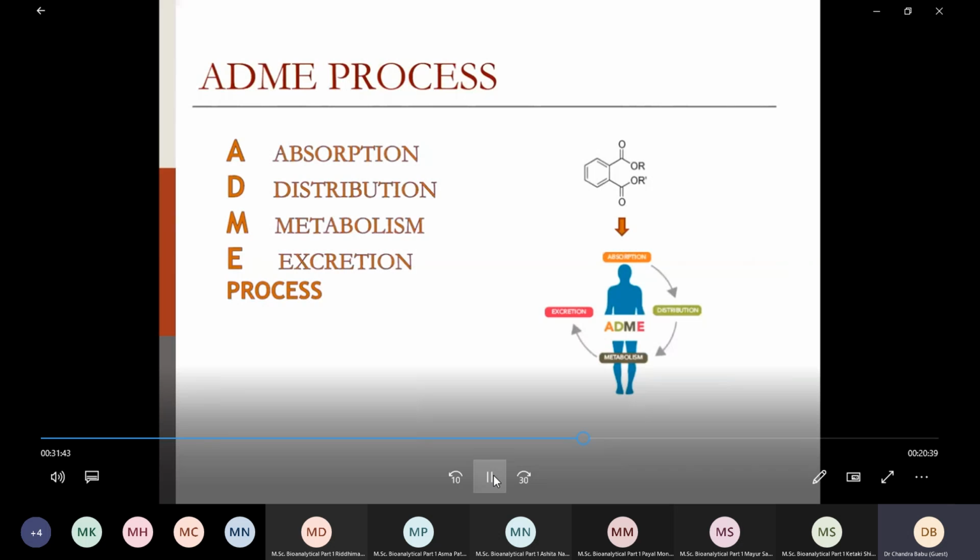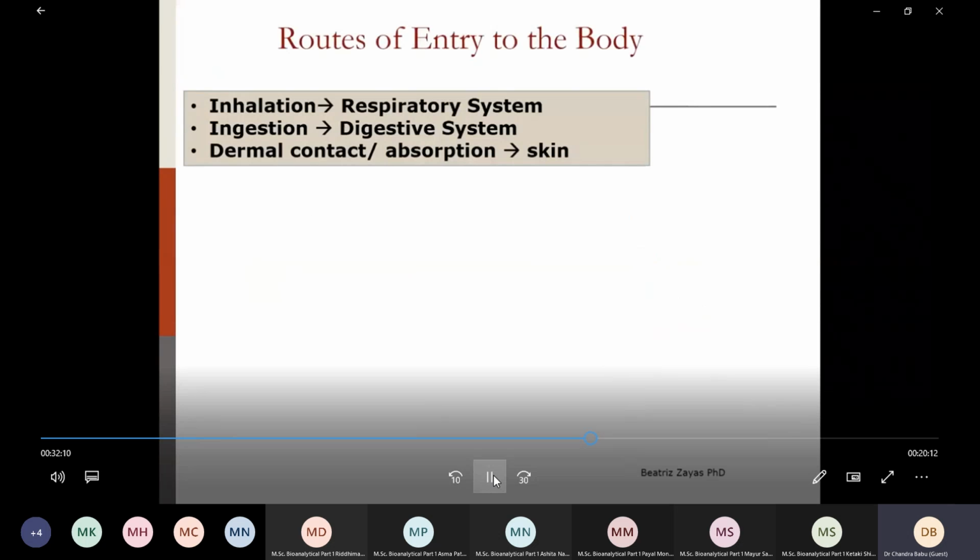So the toxicity of a substance depends, of course, on the dose, and we saw that already in the dose response curve. However, how much chemical interacts with the target organs or systemic effects depends on the absorption, the distribution, the biotransformation or metabolism, and excretion of the substance or contaminant. We talk about how we are exposed, but it's not exactly the same as the routes of entry to the body.